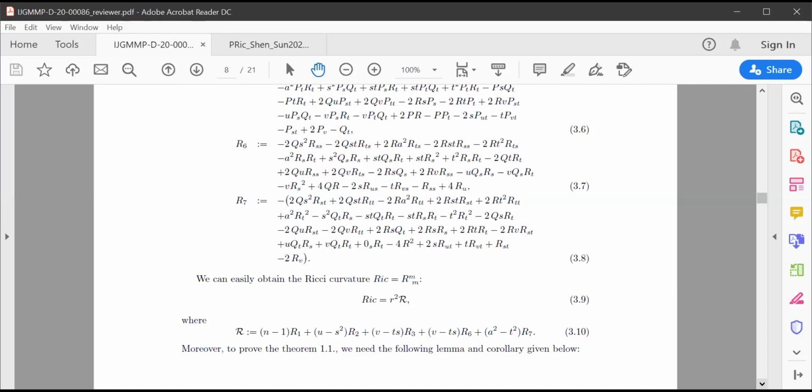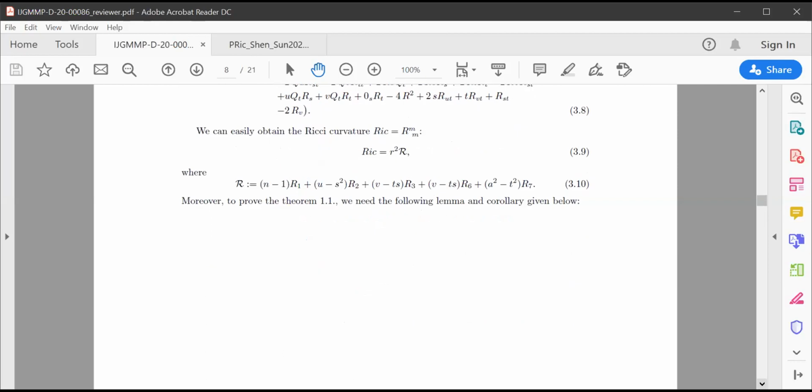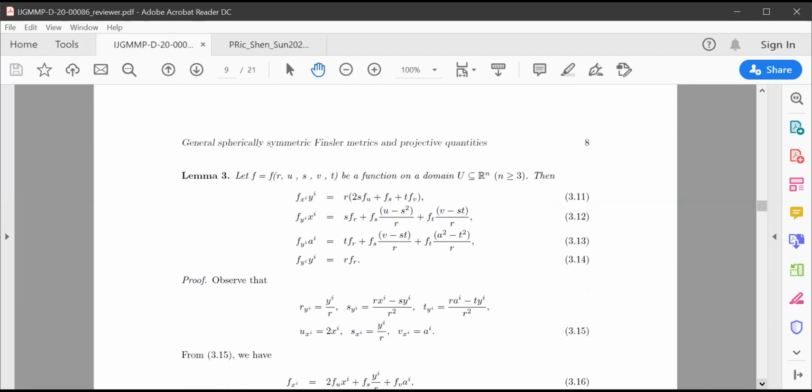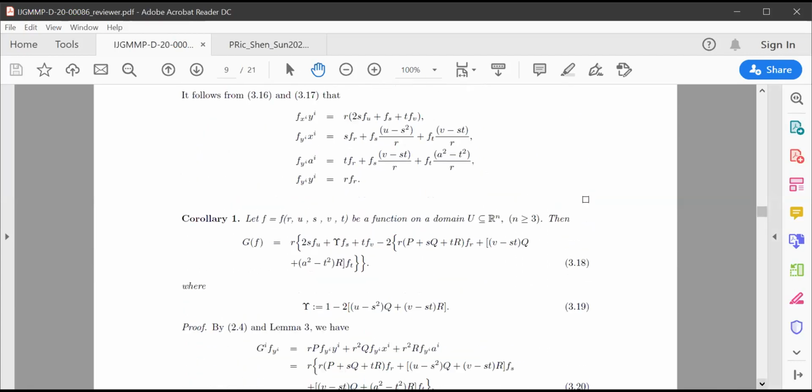I think the problem is you have R, U, S, V, T. Oh my God. So you have four variables of functions, and those are just partial derivatives. Transfer the usual partial derivatives to partial derivatives with respect to U, V, S, T. Not a problem.